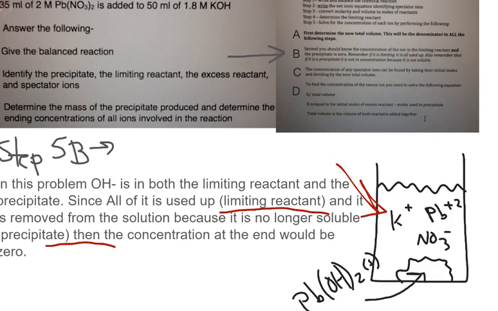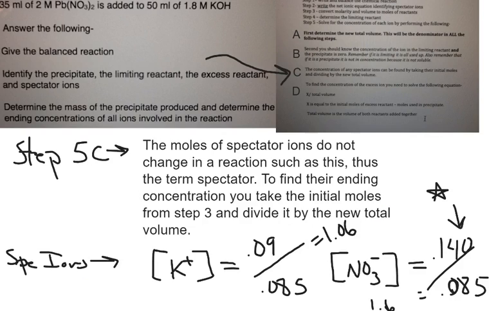So we already can say that the concentration of OH minus at the end of this reaction would be 0 because it is completely consumed because it's the limiting reactant, and it is taken out of solution and precipitated because it's the precipitate. That was redundant.